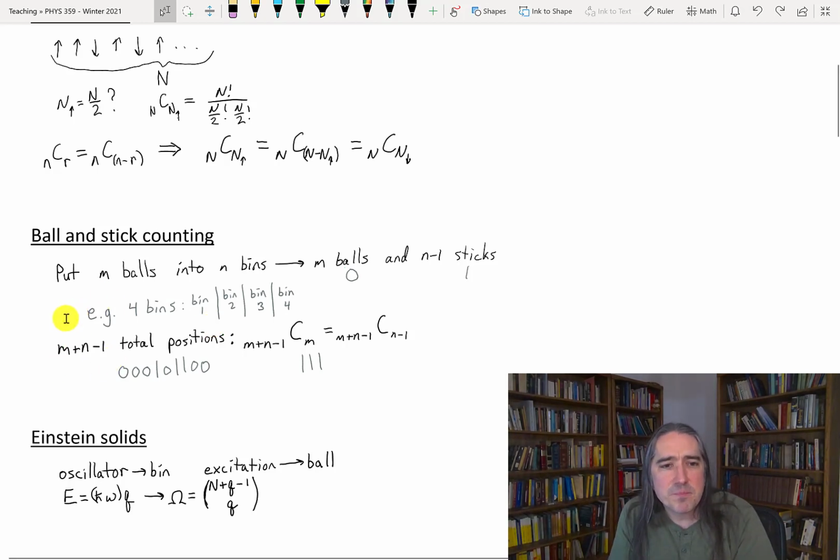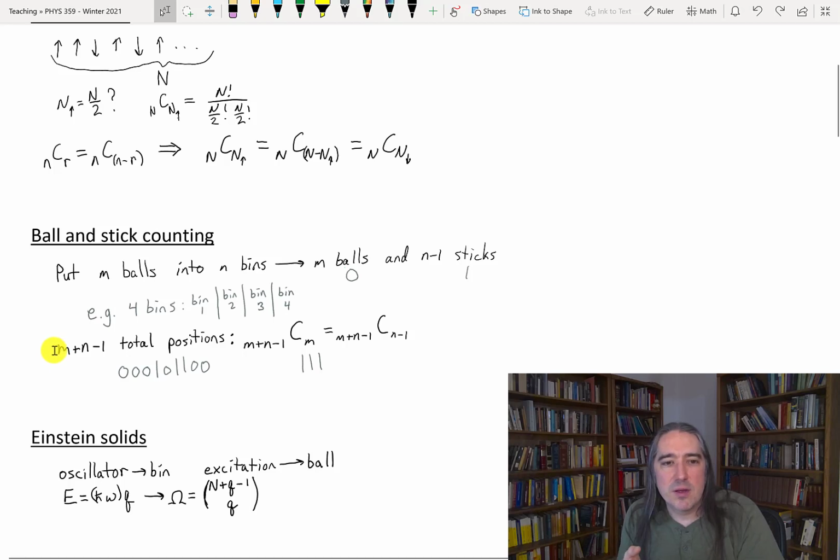I'll show you how. As an example, suppose I have 4 bins, and I haven't told you how many balls I want to put in them. The way I demarcate the bins is by putting a stick between them. If I have 4 bins, I only need 3 sticks, because I'm just marking the boundaries. So I'm going to need n minus 1 sticks to represent n bins.